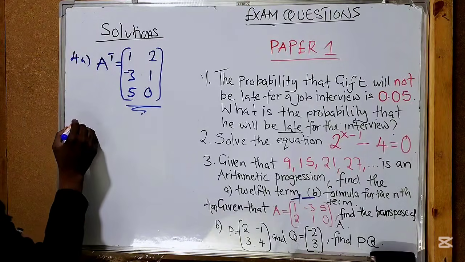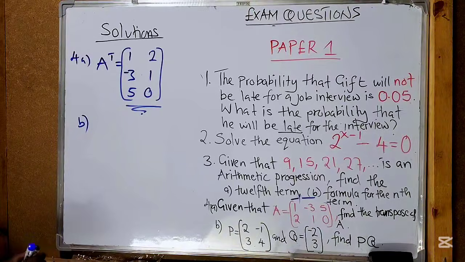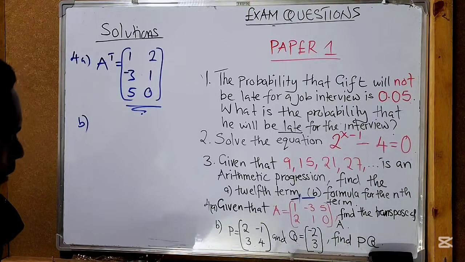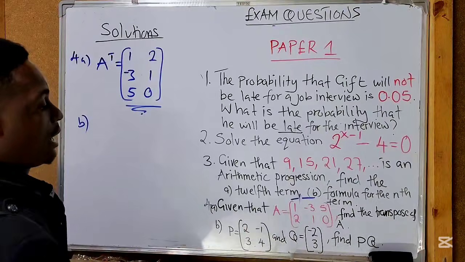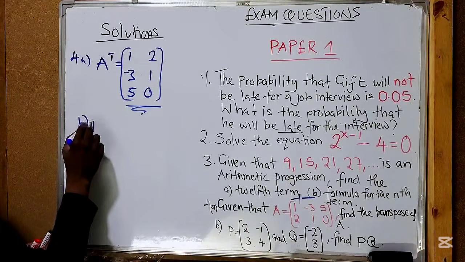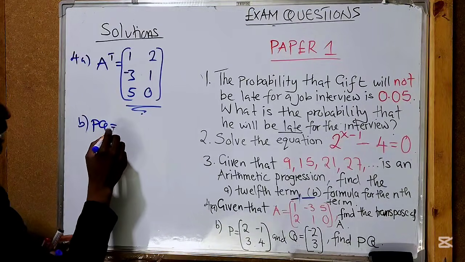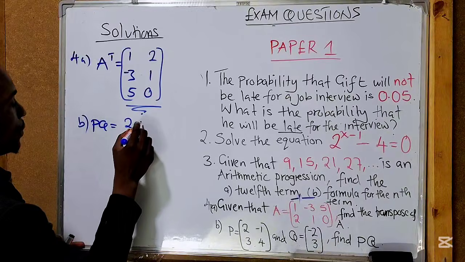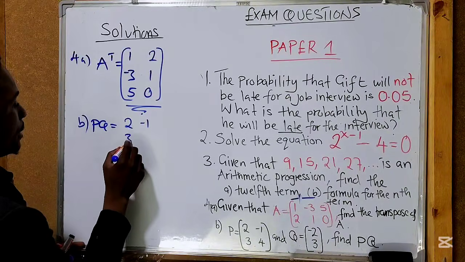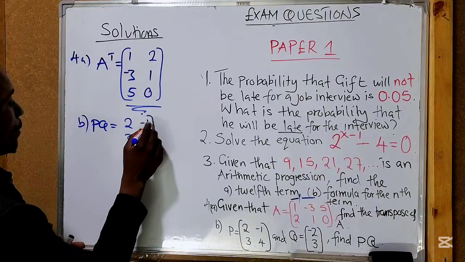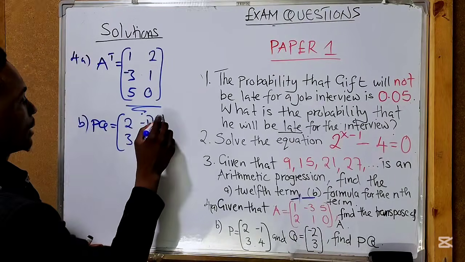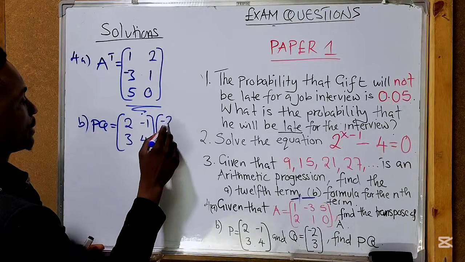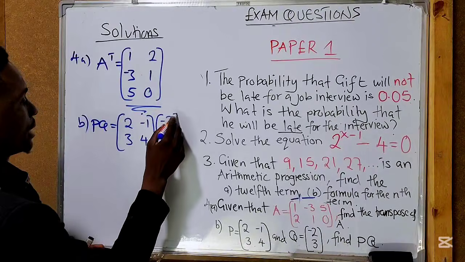Within seconds, we should be done with solving this question because it's just a 1 mark question. All right, 1 mark. The second one, we are given matrices P and Q. We are asked to find PQ. PQ, meaning you multiply 2, negative 1, 3, 4, like this, and this, negative 2, 3, like this.